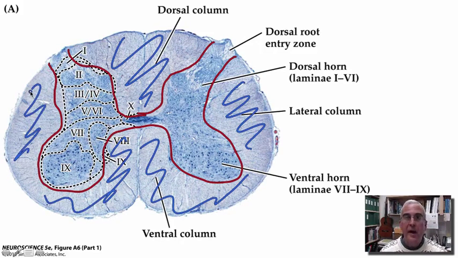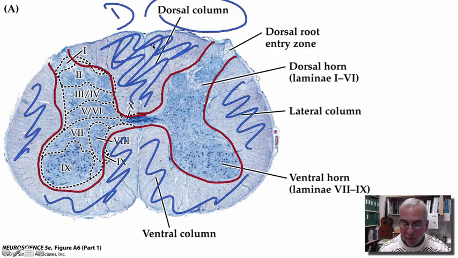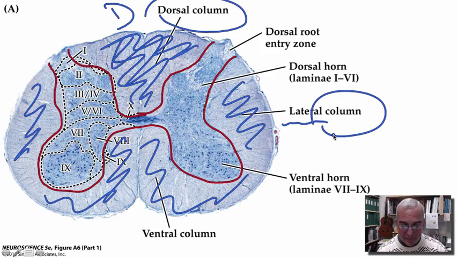Okay, now let me give you some terms that will help you as we go and look at the structure within the spinal cord. The white matter that we find on the dorsal aspect, and this is dorsal, is called the dorsal column. The white matter that we find on the lateral sides of the cord is called the lateral column. And the white matter that we find in the ventral or the anterior parts of the cord is called the ventral column.